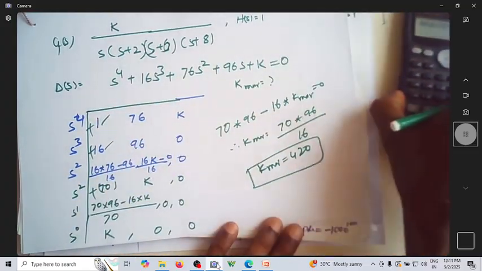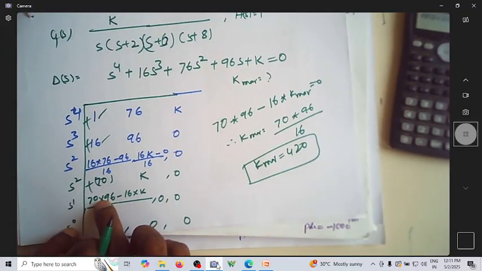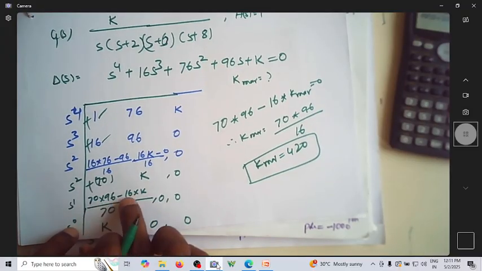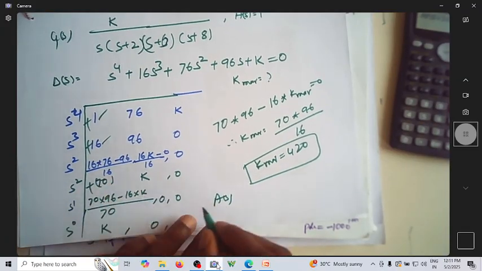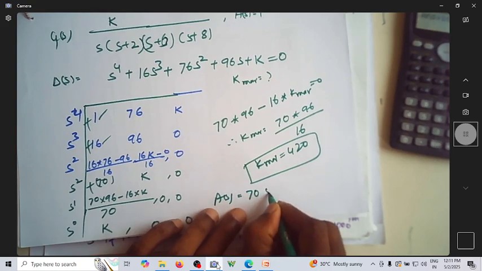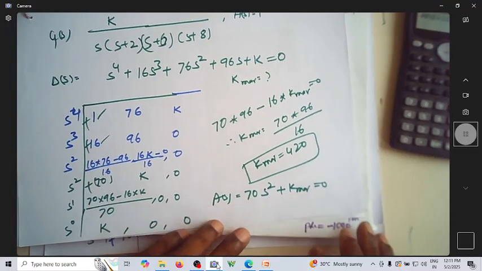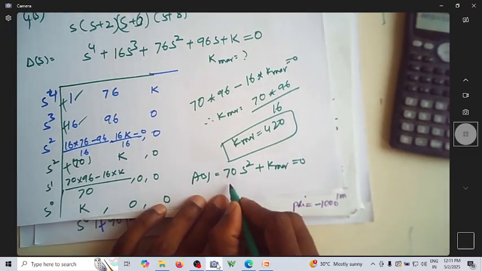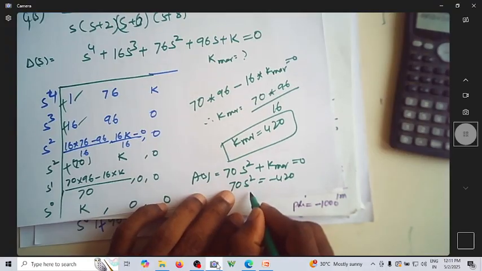For a value of k greater than 420, the system will have... when this row becomes 0, I am going to have an auxiliary equation. The row above this gives 70 s square plus k margin is equal to 0. Then 70 s square is equal to minus 420.